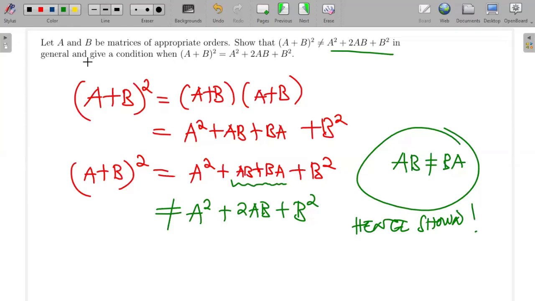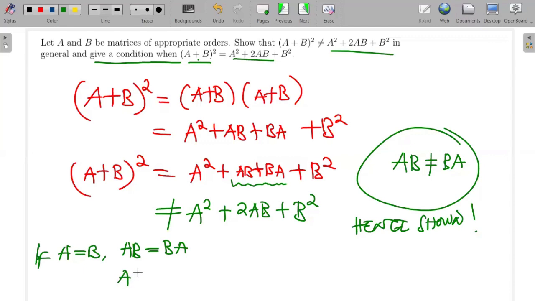All right, and then they were further going on to give a condition when this is equal to this. So this can only be equal to this if A is equal to B. So if A is equal to B, then AB is going to be equal to what? To BA. So in this equation here, I can replace the BA with AB because they are equal.